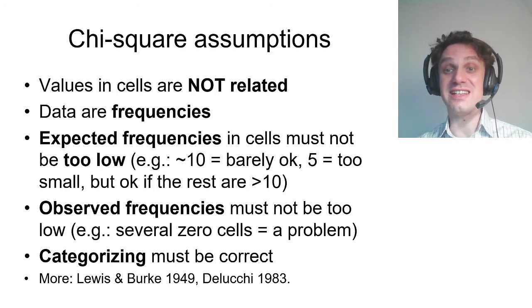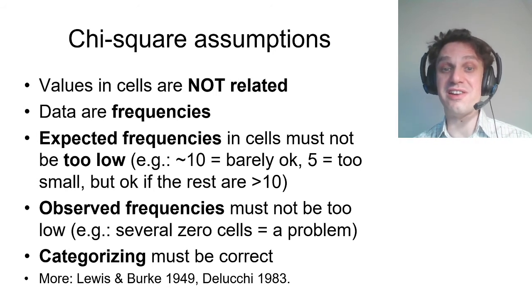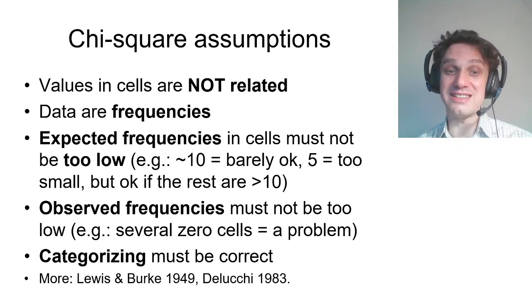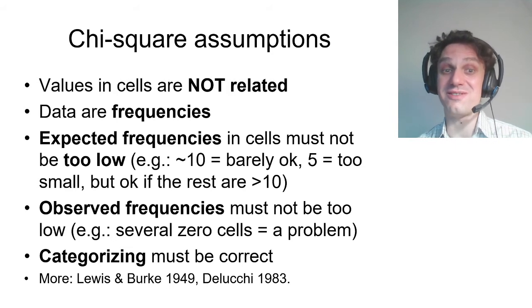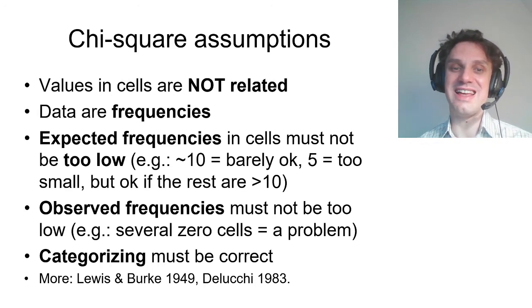And also that expected values in those cells of your table should not be very low. If you have several cells where your expected and observed values are very close to 0, chi-square test might be wrong. It might give you false positive conclusions.